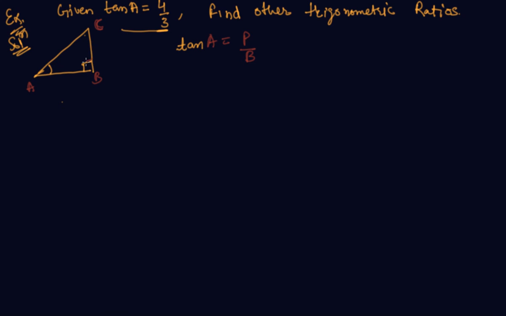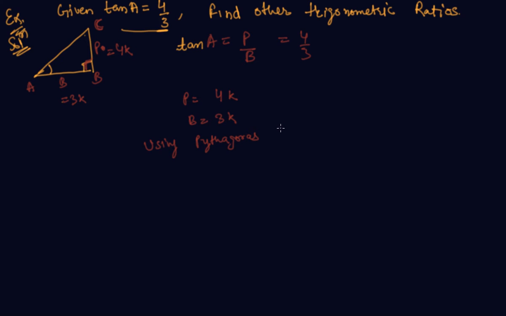So if this is 90 degrees, this will be our perpendicular P, and this is our base B, and we are given tangent of A is 4 by 3. So we can directly write perpendicular will be 4 times some constant and base will be 3 times some constant according to this formula. So we can write 4k and 3k.